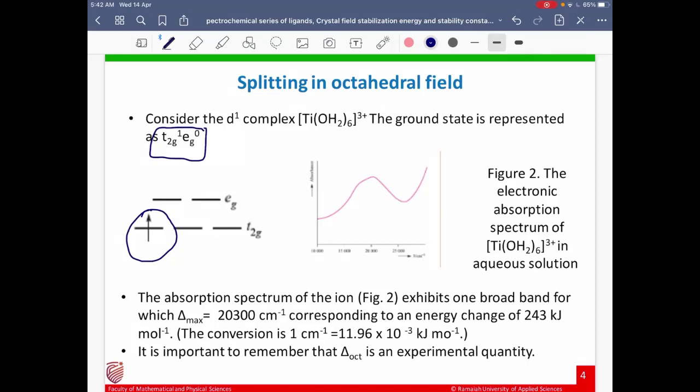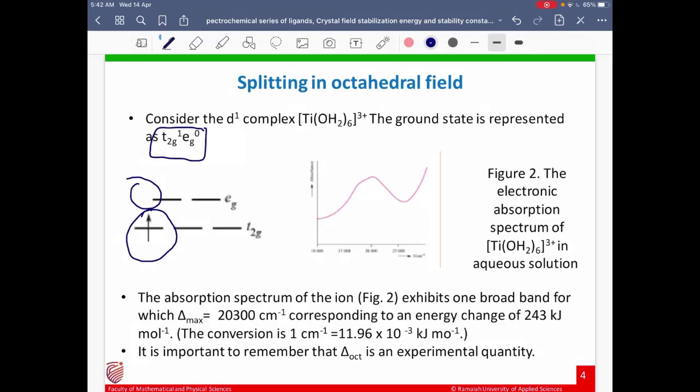When radiation is passed through the complex [Ti(OH2)6]3+, the complex absorbs a portion of the radiation to transfer one electron from T2g to Eg. The amount of energy required for the transition depends on the energy gap between T2g and Eg, which is delta octahedral.